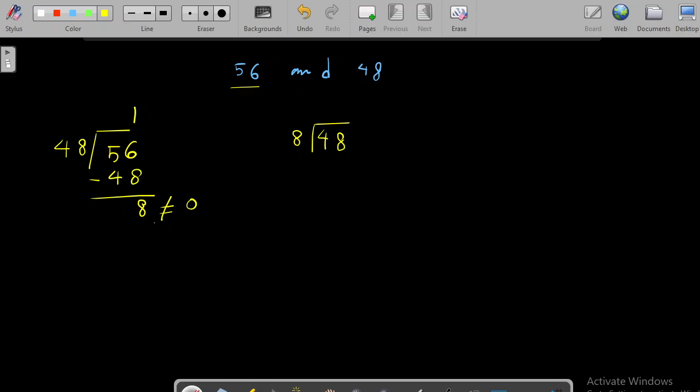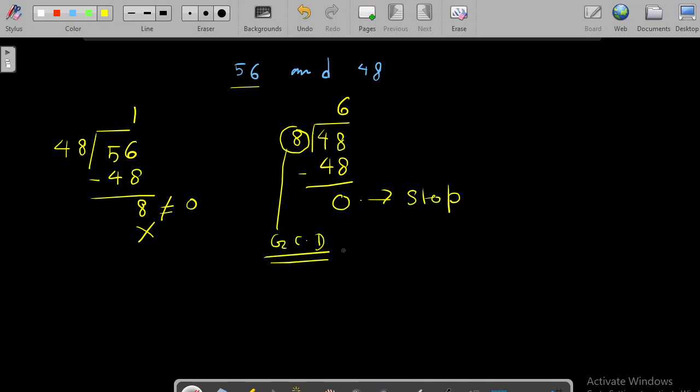Here the remainder is not equal to 0, that is why we proceed further. 8 sixes are 48, and the remainder here is 48 minus 48, which is 0. Since the remainder is 0, we stop here, and the divisor of the last division, that is the GCD.